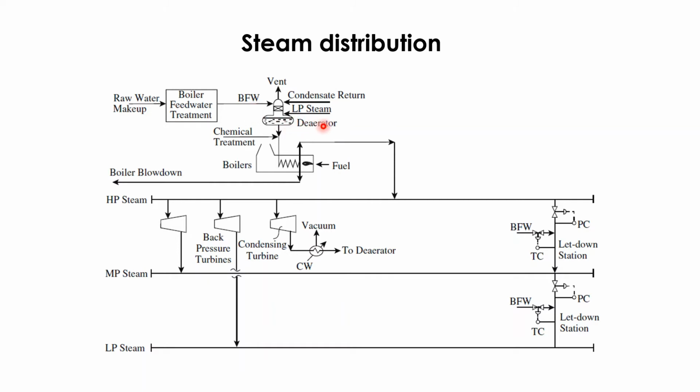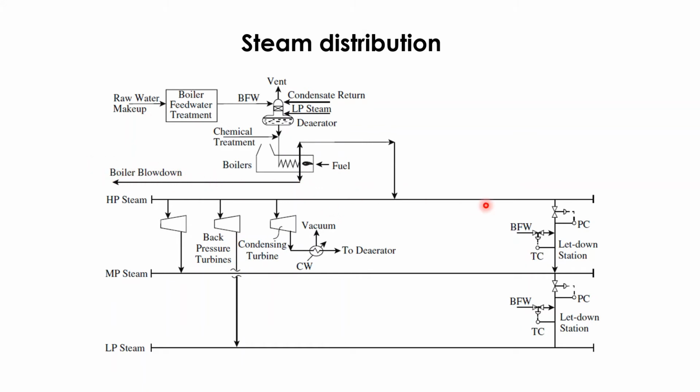Then we have the deaerator unit, as we discussed earlier, with some chemical dosing to further remove the dissolved gases, and then fuel is burned in a boiler to produce steam. So this is steam that goes to the steam system, and some of the water in the boiler is let go through the blow down stream, as seen here.